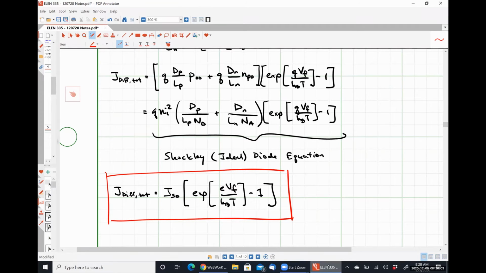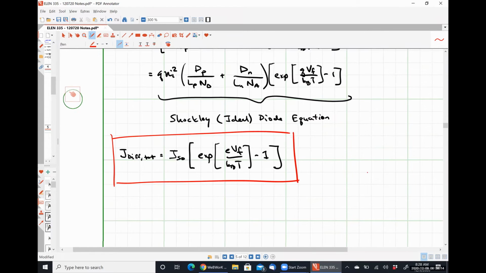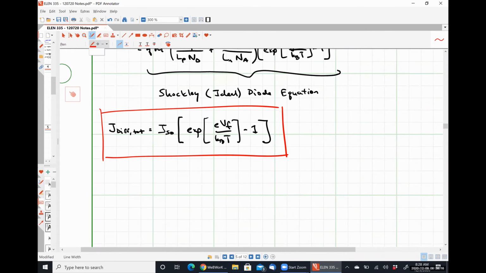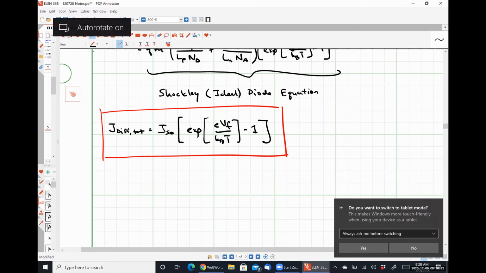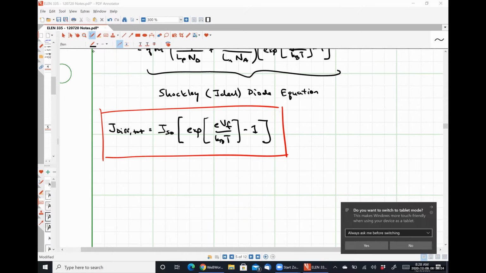The next thing that I want to talk about is diffusion capacitance.